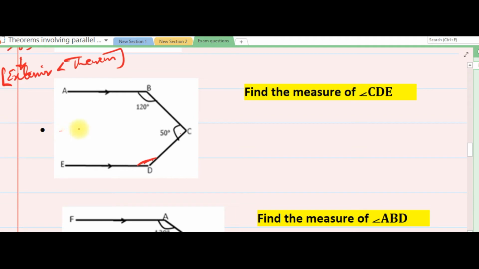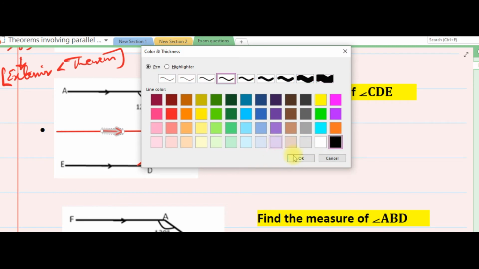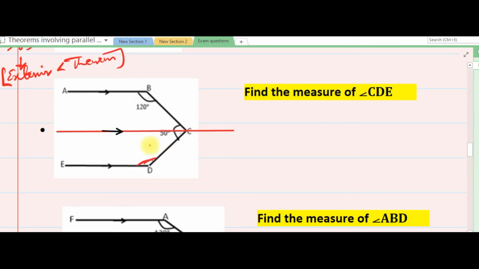If you draw a line that is parallel to AB and ED.